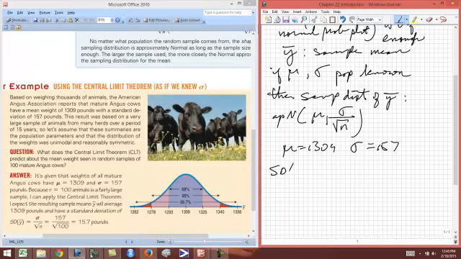So the standard deviation for the mean of your sample, so you take a sample from a bunch of cows, the standard deviation of y bar would be 157 divided by the square root of n, with n equals 100. Divided by the square root of 100, which would be 15.7. All right, moving on to the next page.